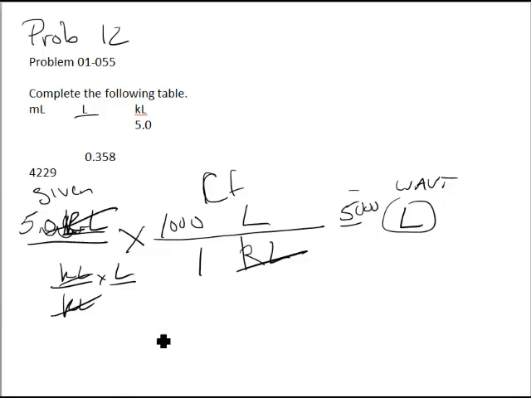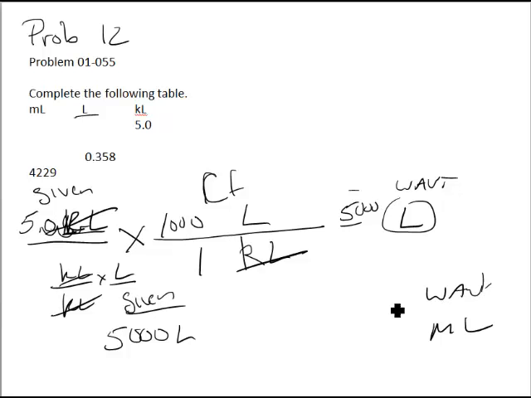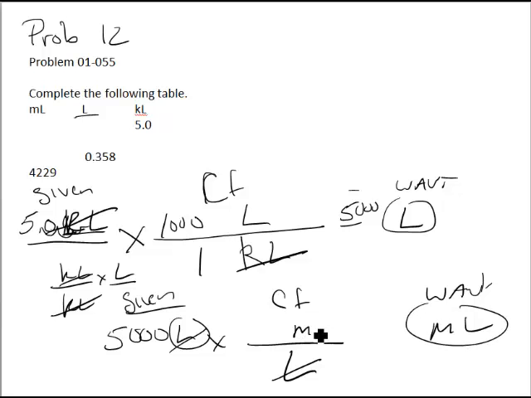So our next one, we now have 5,000 liters. That's why we go to the base unit, and what we want to end up with now is milliliters. So we're given this, and we want milliliters. We multiply by a conversion factor that has to have liters on the bottom to cancel those units, and we want to be left with milliliters, so that goes on top.